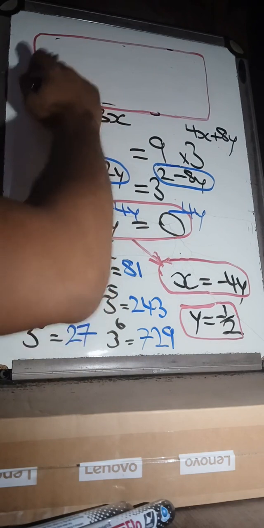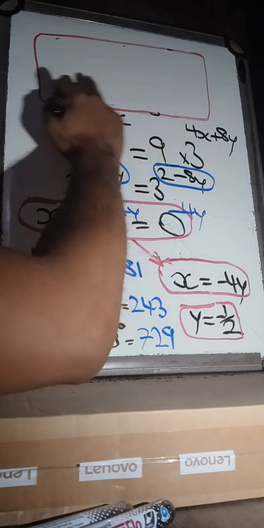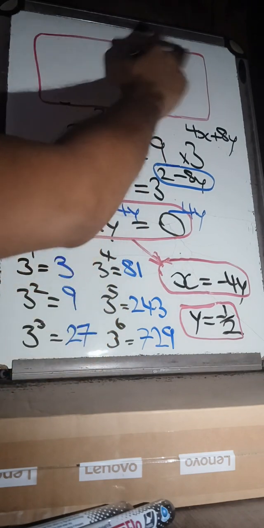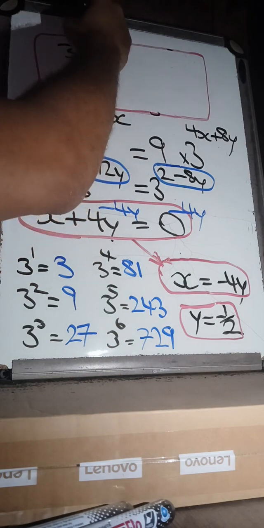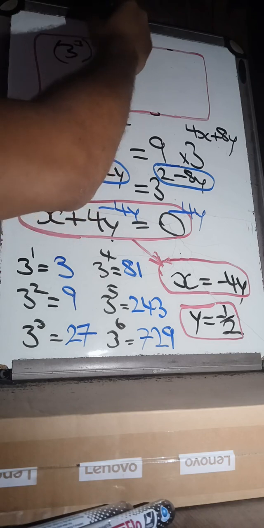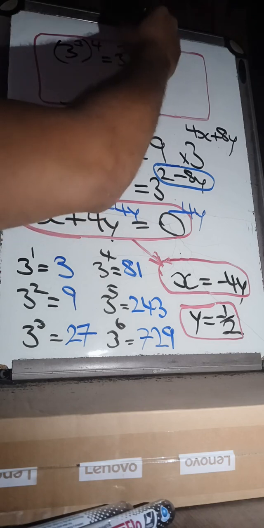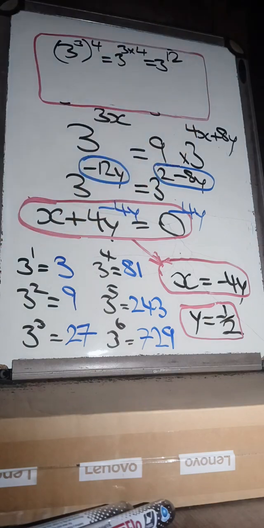Not too difficult to remember. So you have something like this. So once there are brackets, you have that.